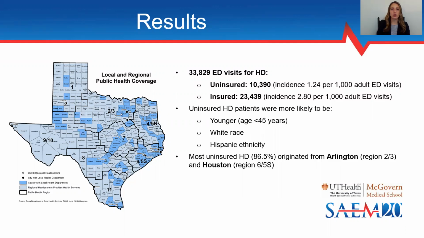Uninsured HD patients, compared to insured, were more likely to be younger, age less than 45, white race, and of Hispanic ethnicity. Most uninsured HD originated from the Arlington and Houston regions of Texas.